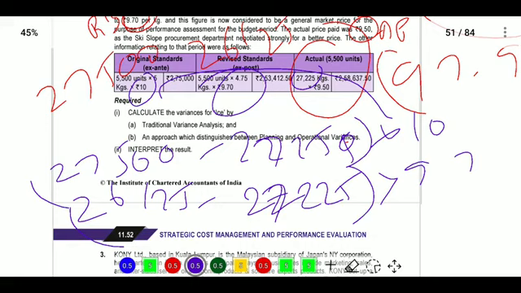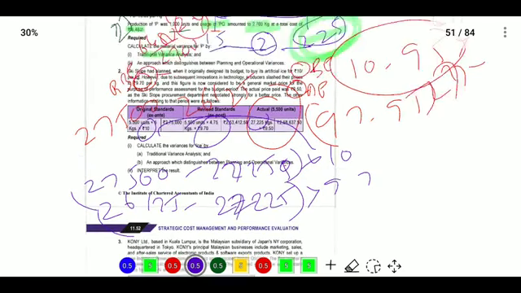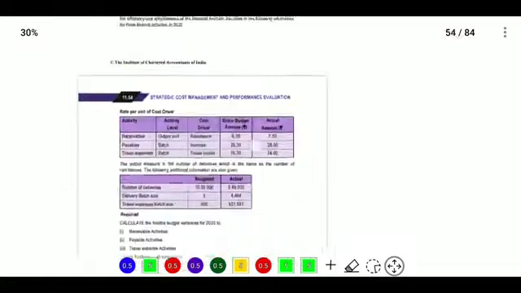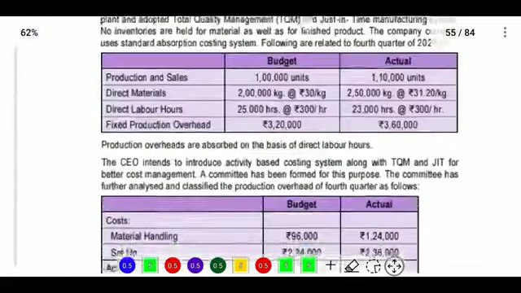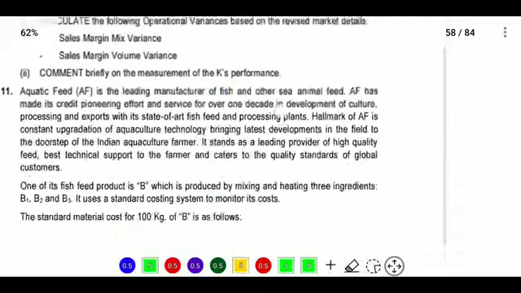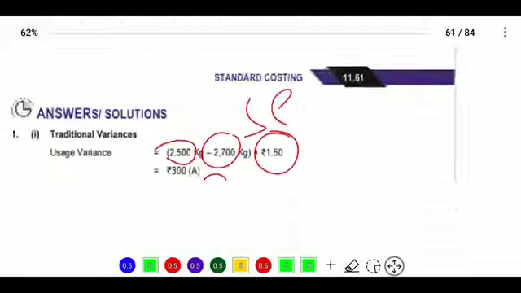Next, an approach which distinguishes between planning and operational variance. We will get the answers by calculating this, and from that answer we will interpret the position. So we will see the answer, and how question number 2's answer is presented. We will see the presentation.